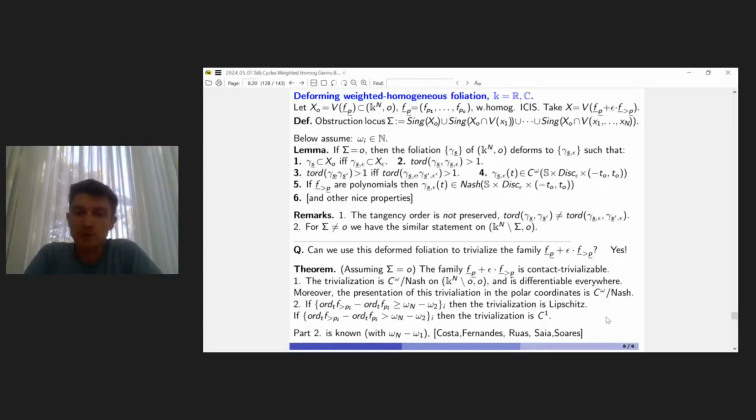It is just for deformations of weighted homogeneous singularities by terms of the same weighted degree. And if it's Lipschitz, then they are already analytically trivial. Right, I see. Now I remember. Thank you.